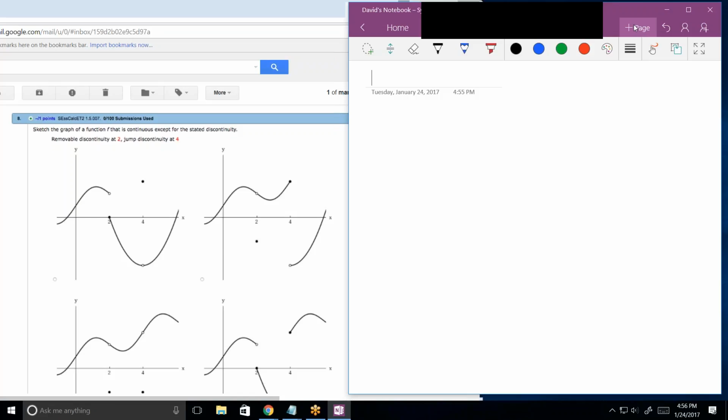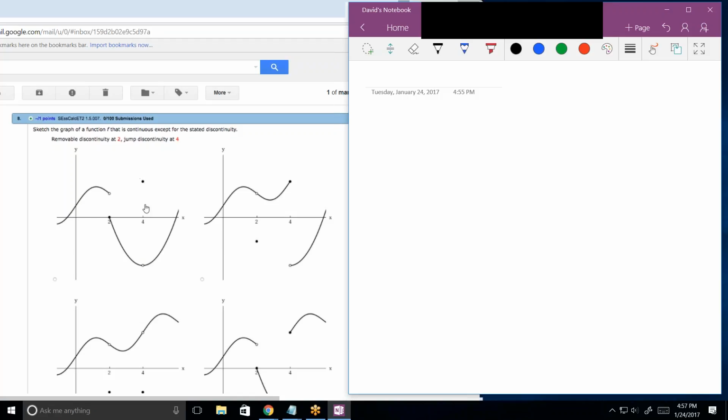Well, that looks like the first one on the left. Let me look at the second one. Here, on the lower left, that's what removable discontinuities look like. So if there's a removable discontinuity and a jump discontinuity, it looks like this one at 4.